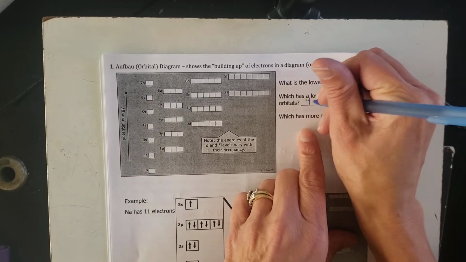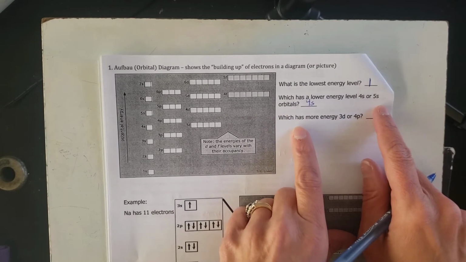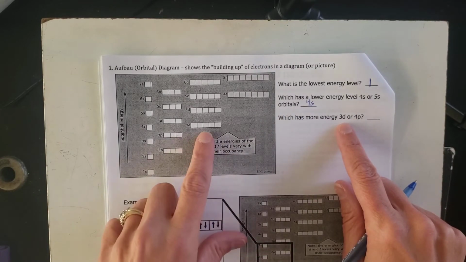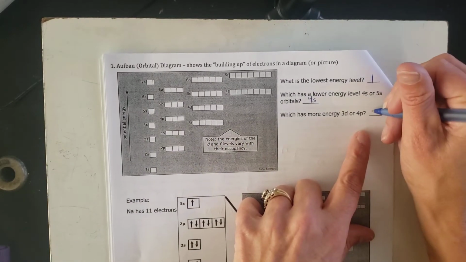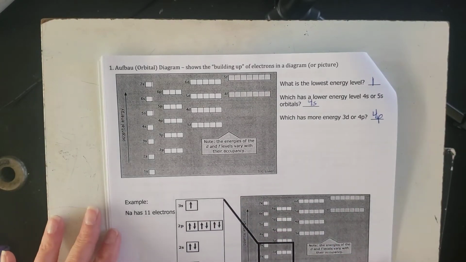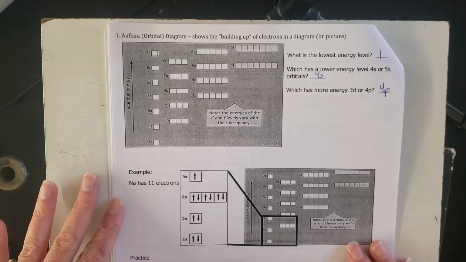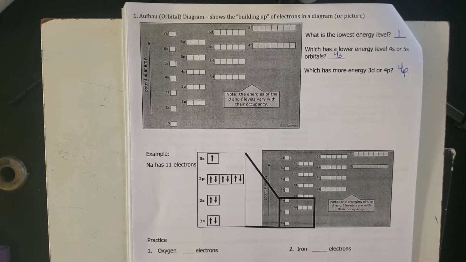A 4s is going to have lower energy orbitals than a 5s, so those would fill first. A 3d has less energy than a 4p. Okay, so a 4p is going to have more energy, and we can use our periodic tables to help us figure that out. So below we have an example of sodium in an Aufbau diagram.